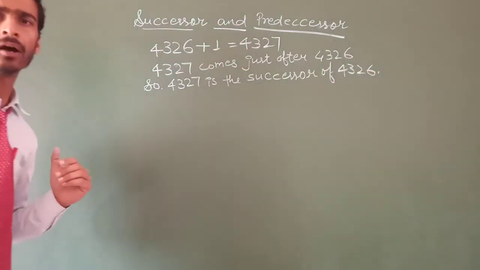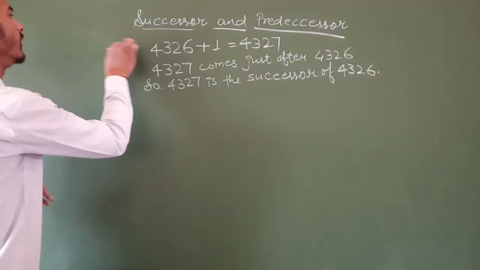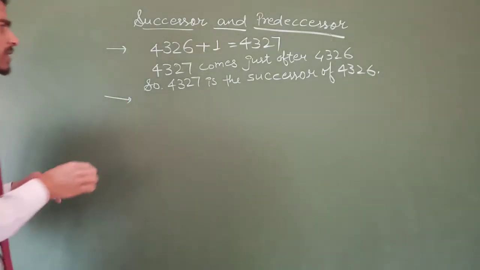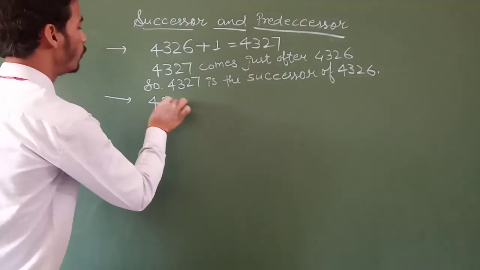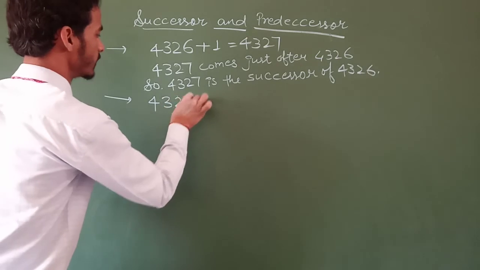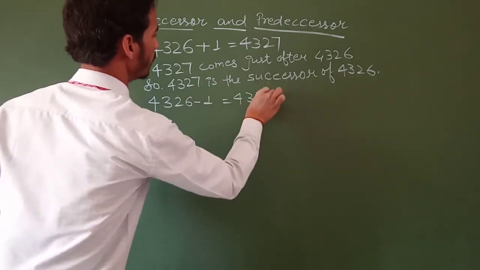Okay, and now take another example for predecessor. What would Rohit get if he subtracts 1 from 4326? That will be 4325.